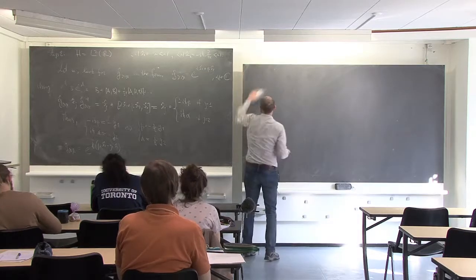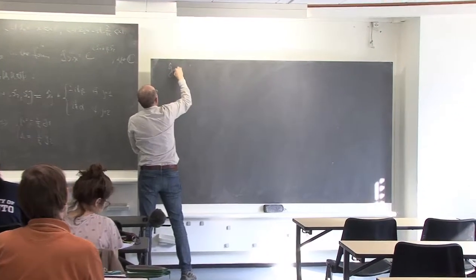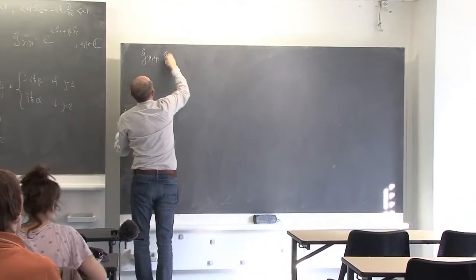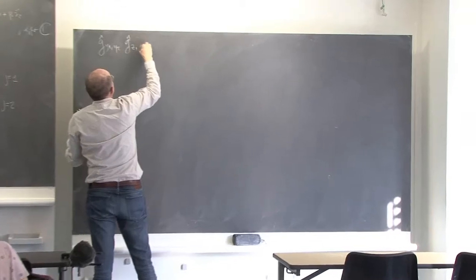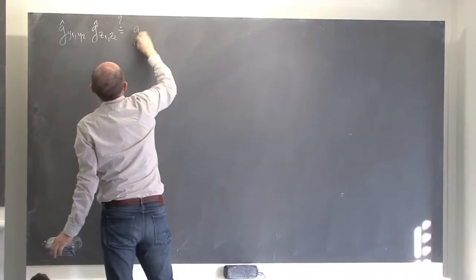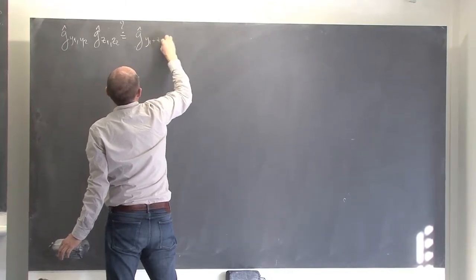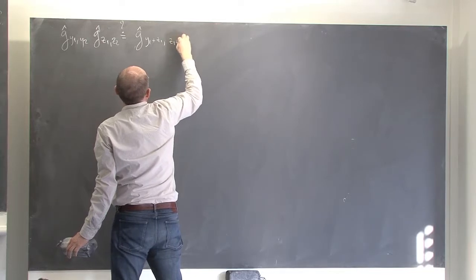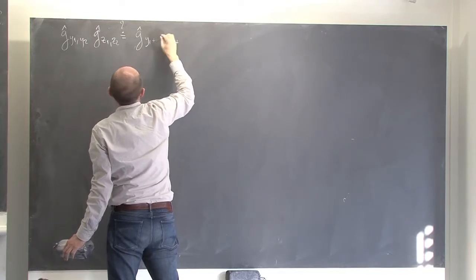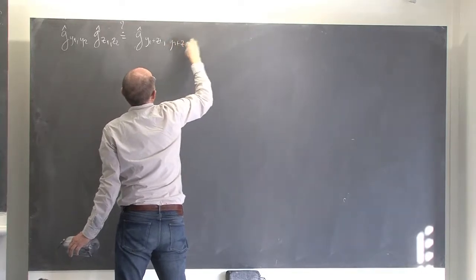So let us try to multiply two operators, G hat Y1, Y2 times G hat Z1, Z2. Is it G hat Y1 plus Z1, Y2 plus Z2?